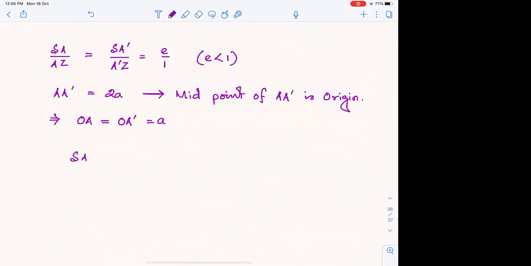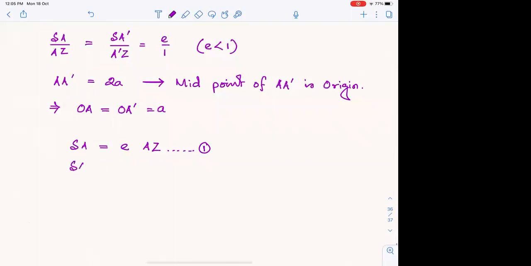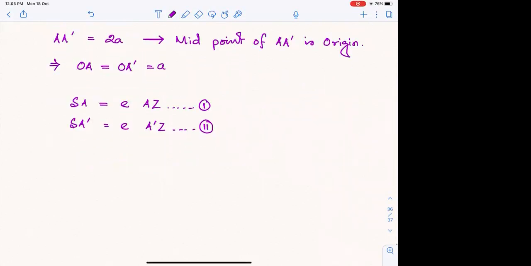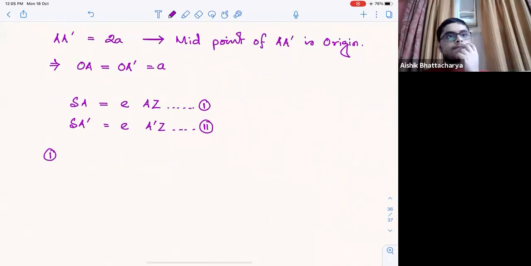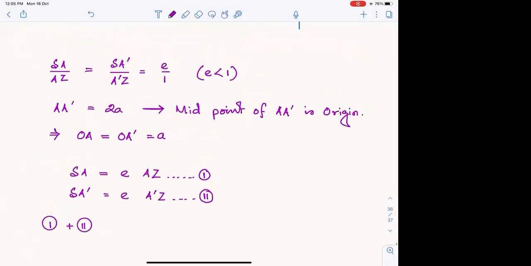Now, SA is e times AZ, and SA dash is e times A dash Z. If we add these two relations, what will we get?